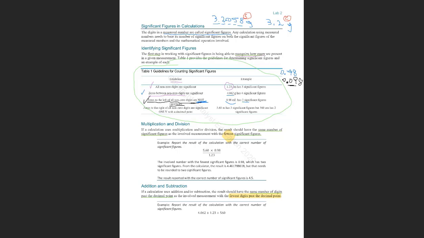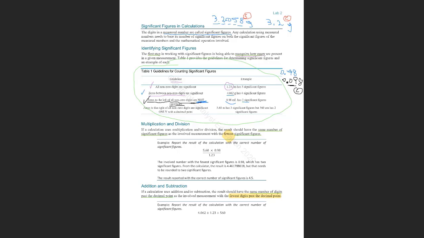That's why I brought this example, because it's not very clear in this one. You don't count, because they are not talking about the decimal point. They are just saying zeros to the left of all non-zero digits. They are not talking about this dot, so we don't count. So this number has only 2 sig figs. We don't count any zero to the left.